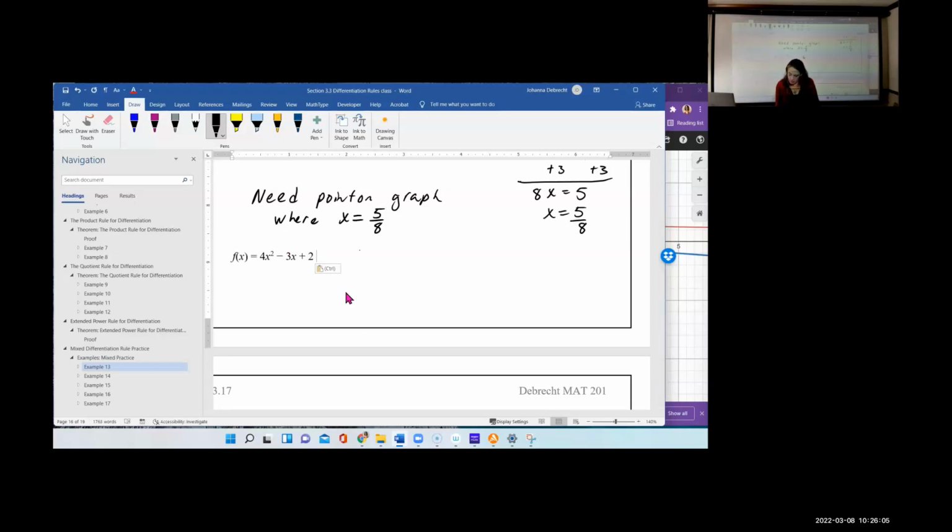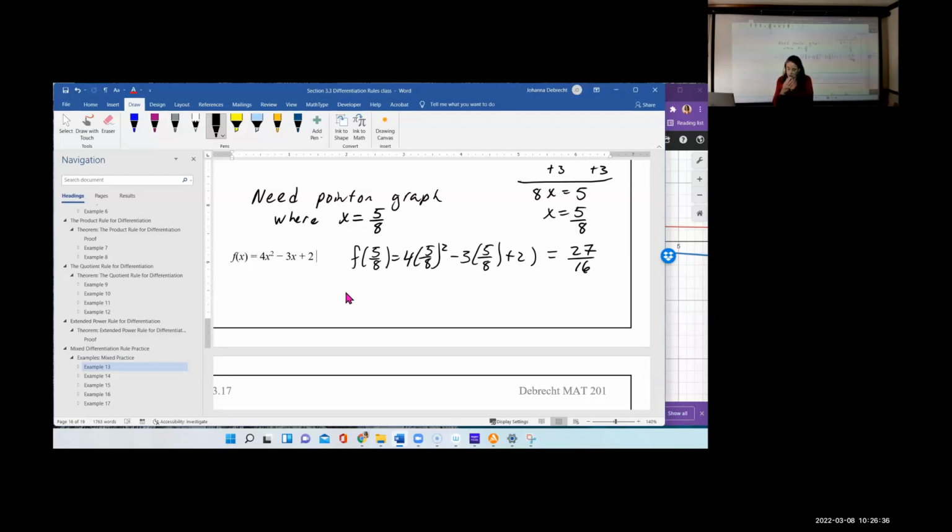So I'm looking for f of 5/8, which is going to be 4 times (5/8) squared minus 3 times 5/8 plus 2. All right. So work out the algebra. I got 27/16. Check and see if you agree with that.